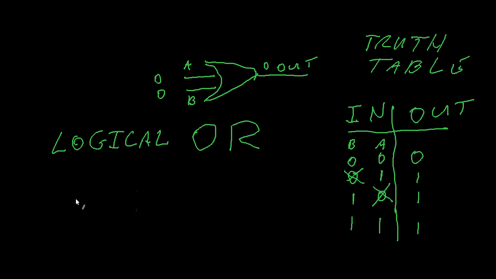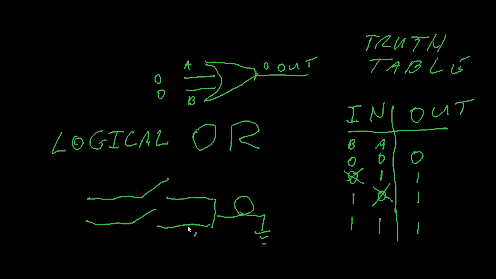Okay. So how we do this is we are running a switch here. That's one input. And we run a switch here. That's our other input. And then we take both of these and we run them to our lamp. And then we run both of these to our power.